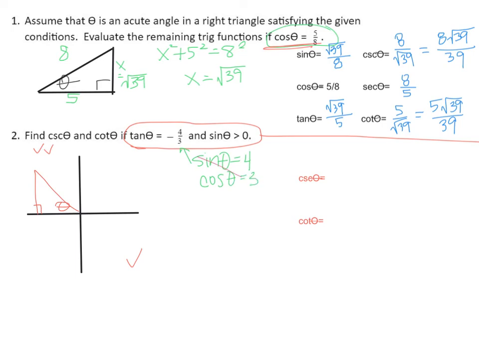But that is not true. Just because tangent is 4/3 doesn't mean sine is 4 and cosine is 3. For example, just look at the problem above. Tangent was root 39 over 5, but sine wasn't root 39, cosine wasn't 5. They were something else that their ratio simplified to that. So don't make that mistake.